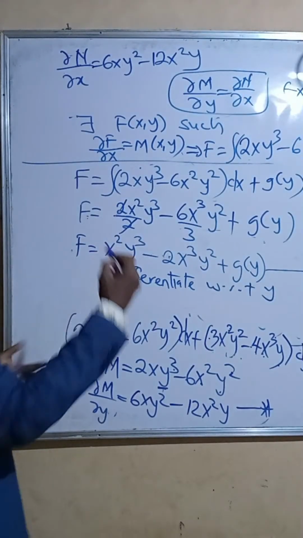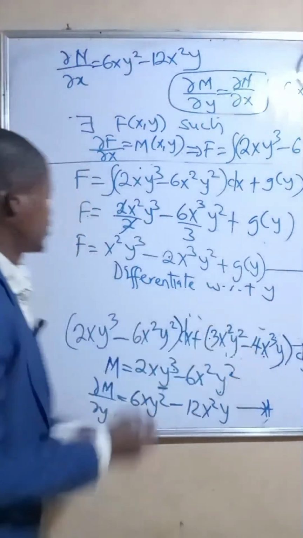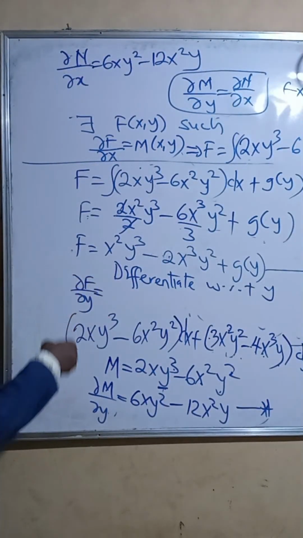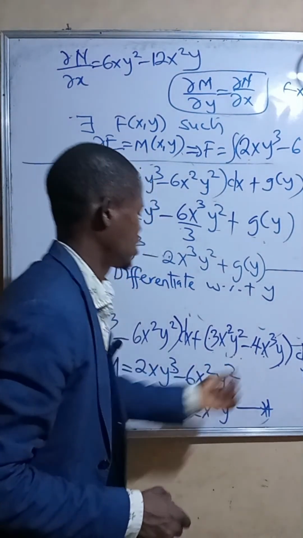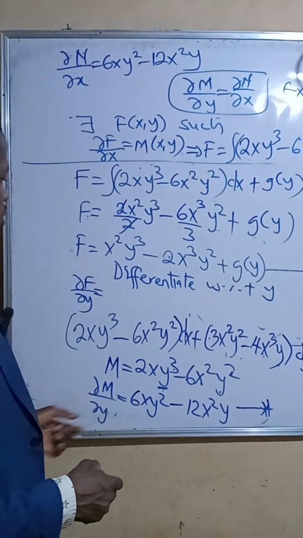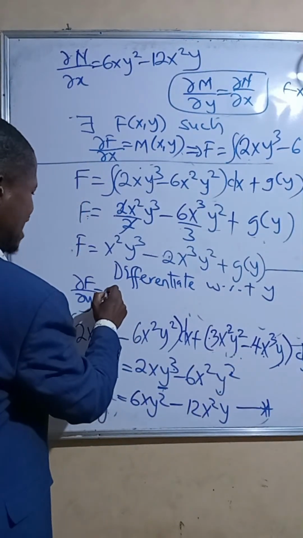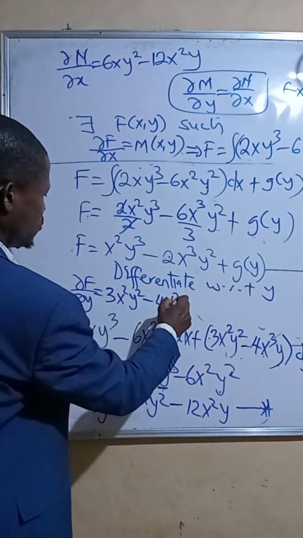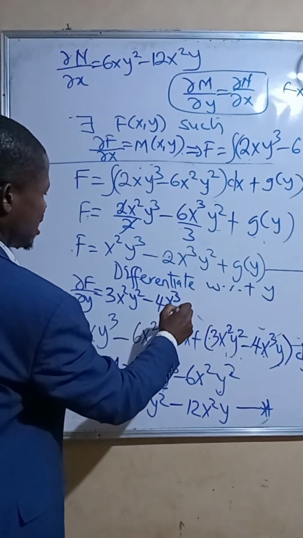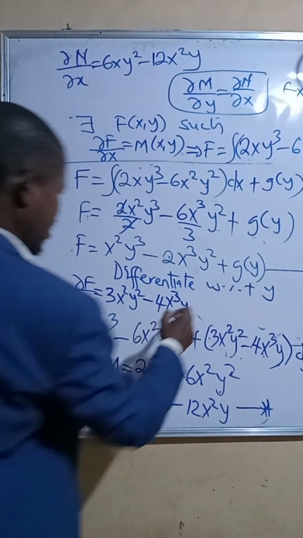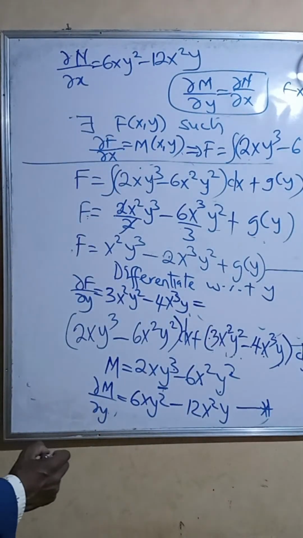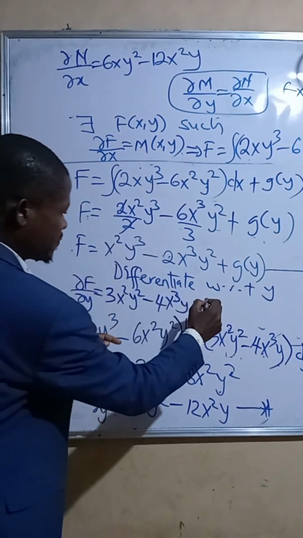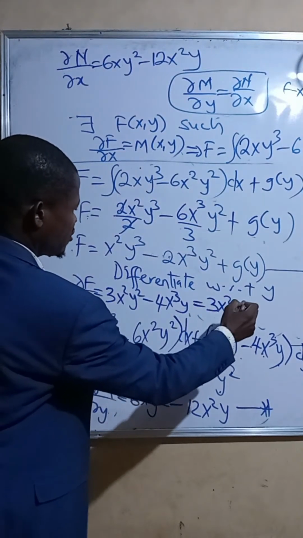We're differentiating partially with respect to y, so we're going to have del f del y, which is equal to N, which is 3x squared y squared minus 4x cubed y, equal to the right hand side, which we differentiate with respect to y. This is y cubed, so if you do that, we're going to have 3x squared y squared.